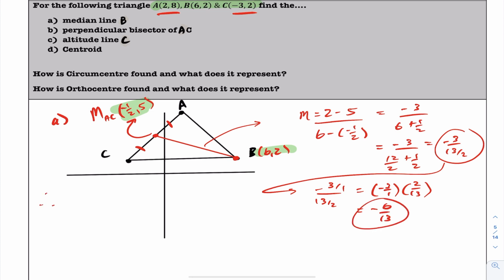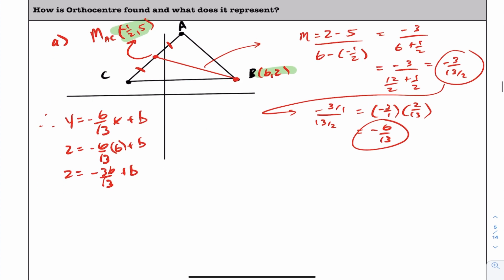So therefore, let's take a look over here. The equation of this line is going to be y equals negative 6 over 13x plus that y-intercept that we don't know. You can sub in either point. They're both points on the line. I'm going to sub in the point 6 and 2. So we get 2 equals negative 6 over 13 times 6 plus b. 2 equals negative 36 over 13 plus b. And then b equals 2 plus 36 over 13.